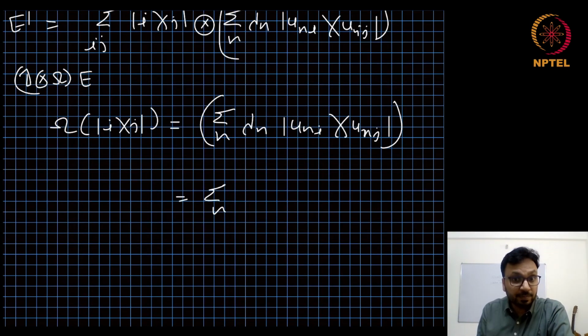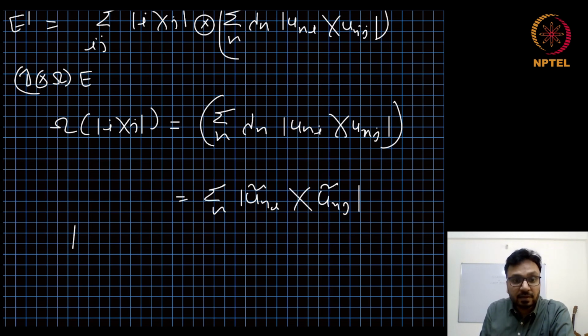Since lambda n are positive numbers, we can define un i tilde, where un i tilde is nothing but square root of lambda n times un i.